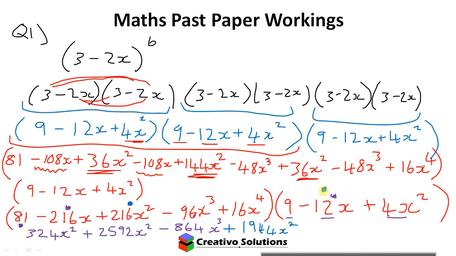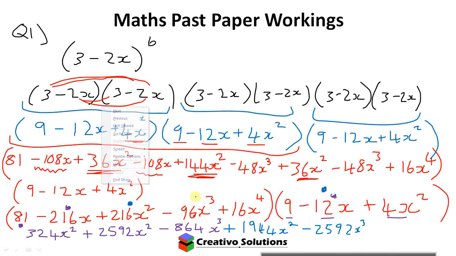So 216 times negative 12 gives me negative 2592 x to the 3. Okay, then I've got this one, x squared times x squared is x to the 4, don't need it. Okay, now I'll go next one.